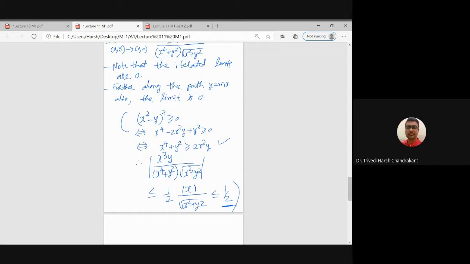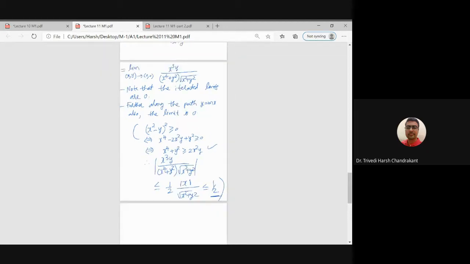That gives us a hint that squeezing we cannot use here for this particular example. That means we need to find some other path along which the limit is different than 0. If we can do that, we can show that the limit does not exist. So how to find the third path?